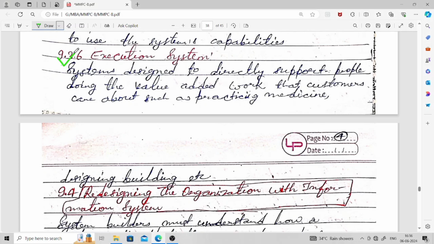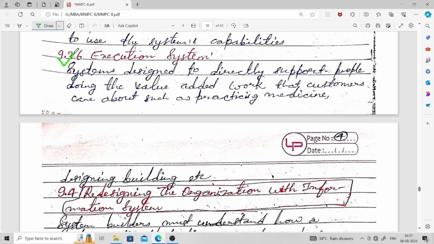It directly supports people who are doing value added work that customers care about. Whatever customers care about, those value added activities are supported by execution system.